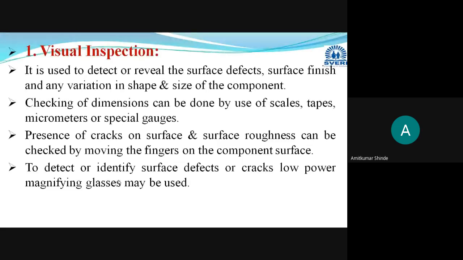I think that subject is in your next semester. So for checking its dimensions we use general measuring instruments like scales, tapes, micrometers, or gauges. This is termed as the visual inspection of shape and size, or checking the dimensions.